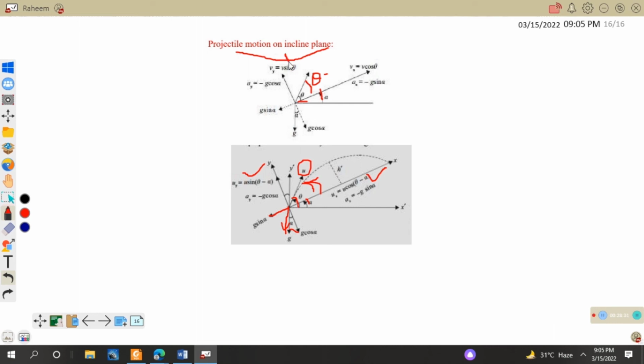Similarly, we have resolved the velocity into two components and the acceleration also into two components. So along the inclined plane we will have acceleration g sin alpha, and perpendicular to the surface the contributing component will be g cos alpha.